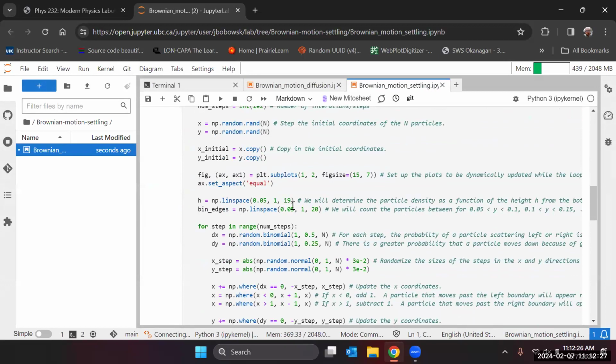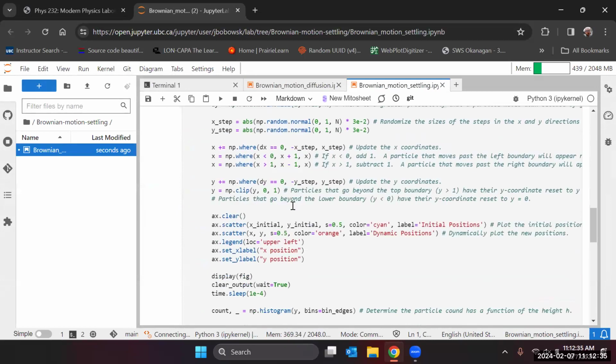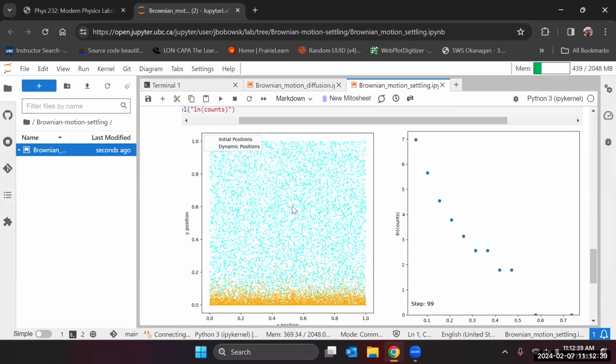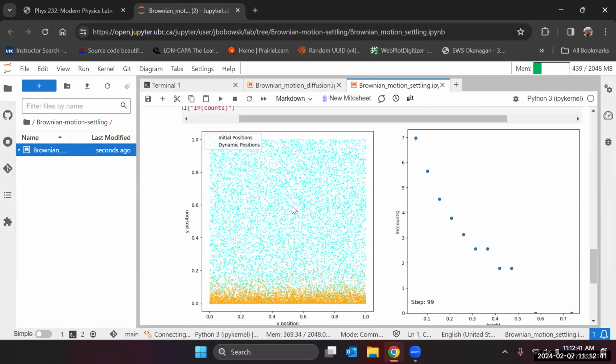So here it is: the probability that a particle moves up is 25%, and therefore there is a 75% chance that it moves down. This is what it's going to look like at the end. The blue or cyan points are the initial starting positions of all the particles, randomly placed in this 1 by 1 square.